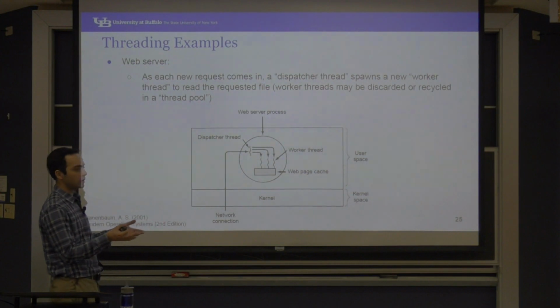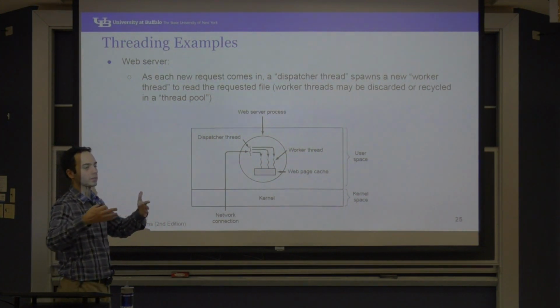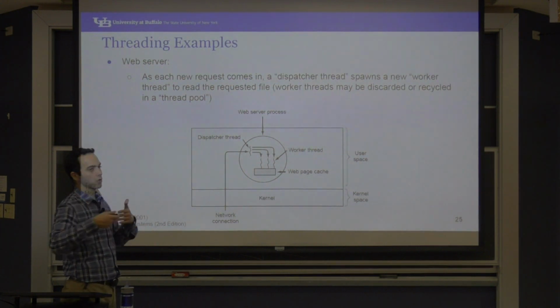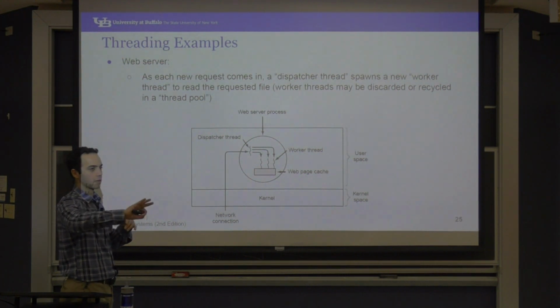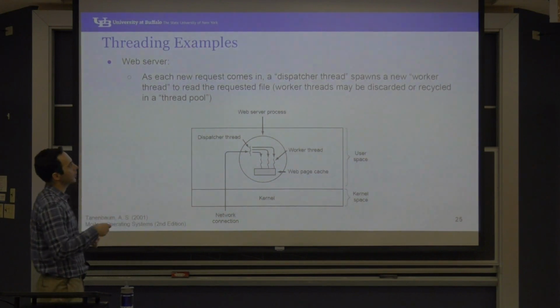So if you request a server from multiple clients, initially the dispatcher accepts them, and then a new thread gets created that handles each client, right?